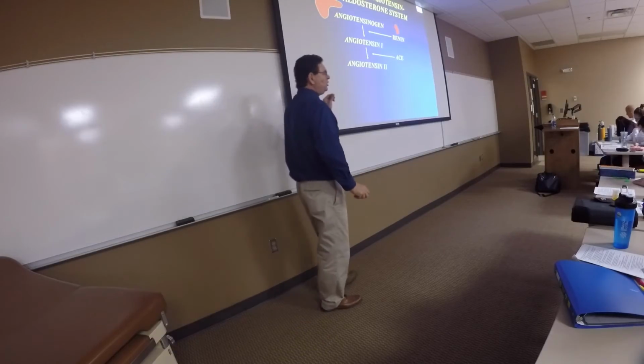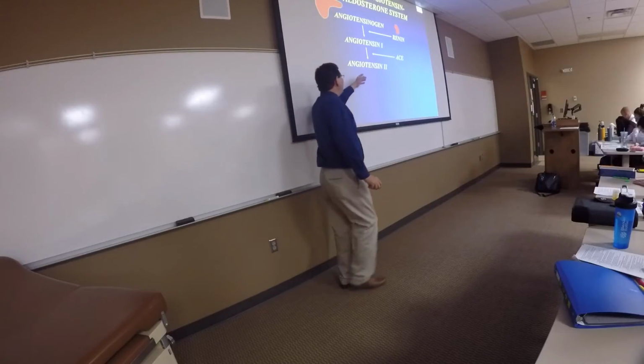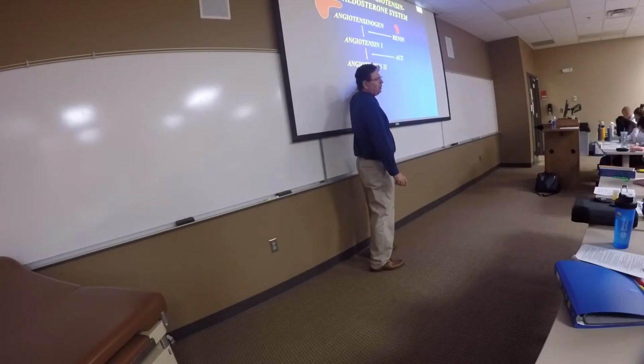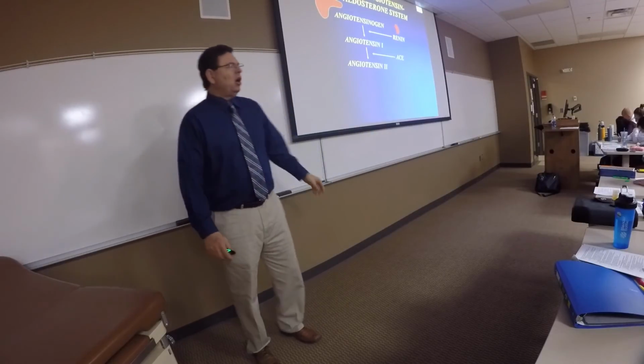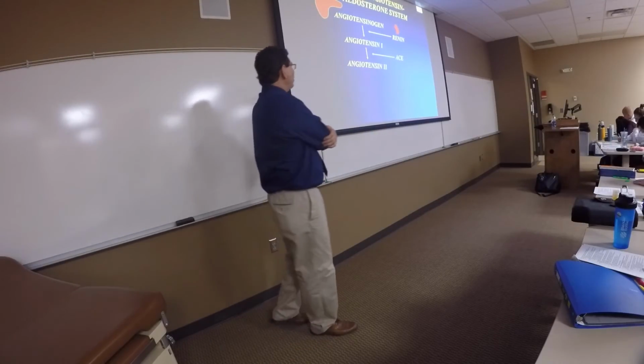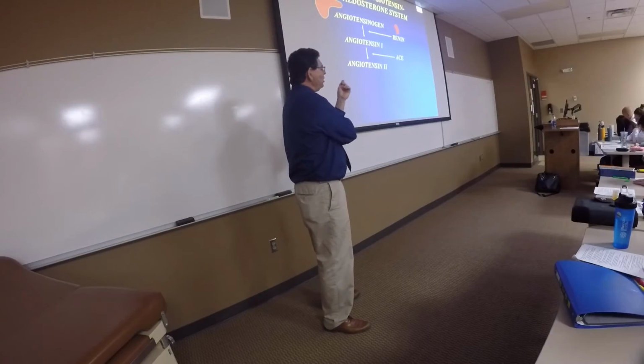But this angiotensin I goes through your bloodstream and through your pulmonary capillaries. When it's going through your pulmonary circulation, on your pulmonary capillaries you have ACE, angiotensin converting enzyme.